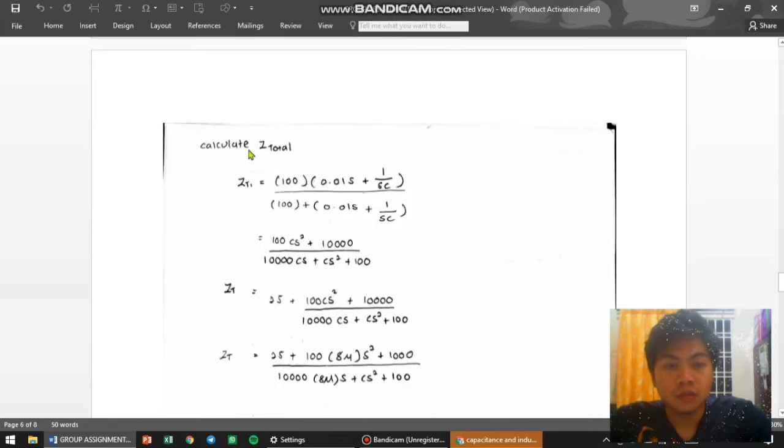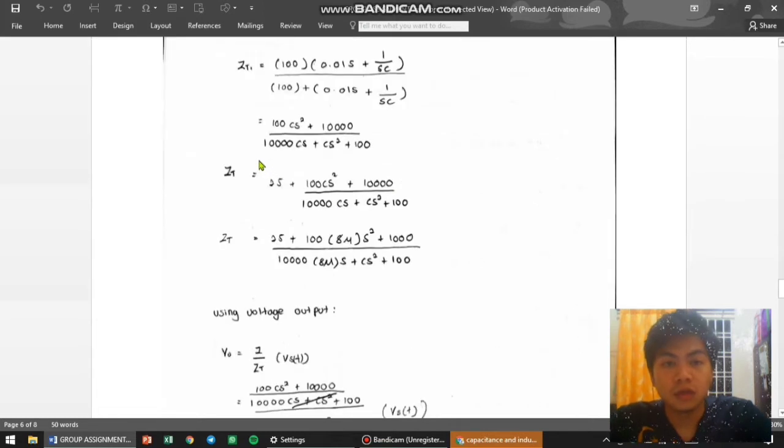So we go for the impedance. From the circuit we know that there are 4 components, which are 2 resistors, 1 capacitor, and 1 inductor. So we need to find the total.